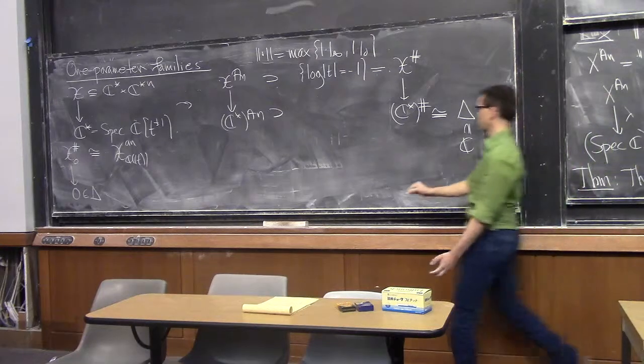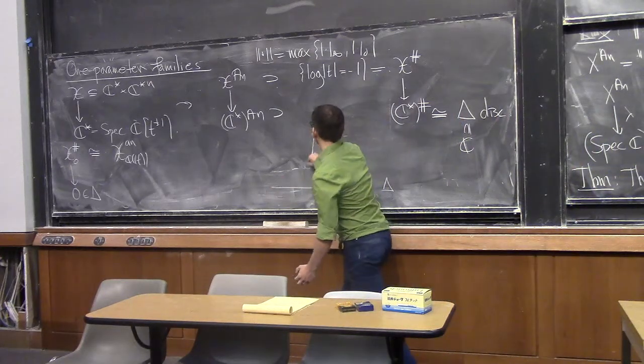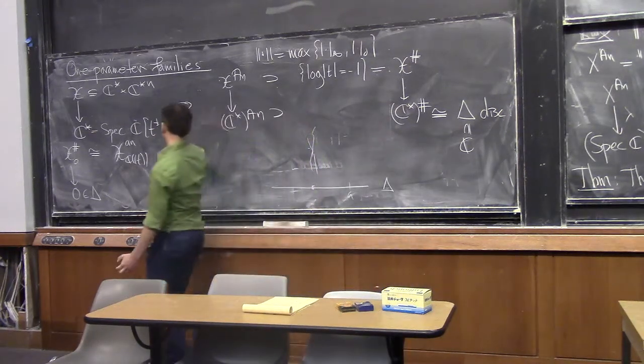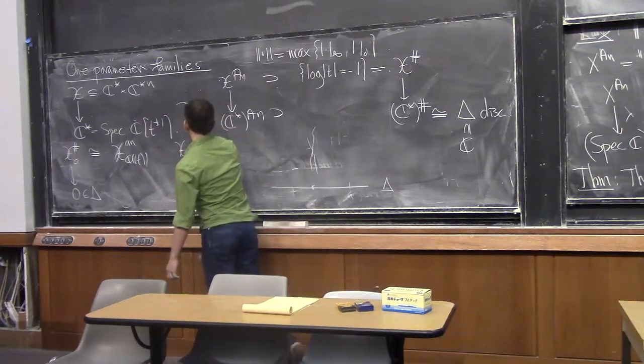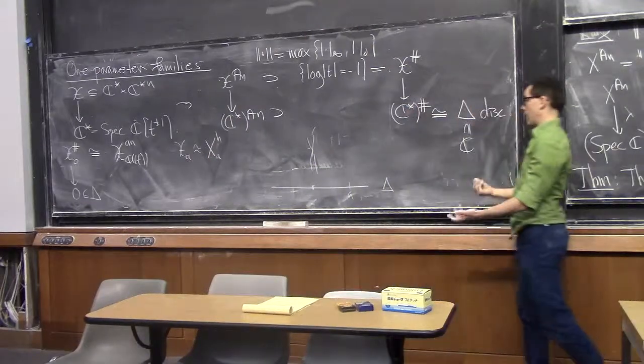So somehow I have a central fiber over the disk. So here I have a Berkovich space. And then at all the other points x, a, this is essentially homeomorphic to the corresponding fiber that I had before.